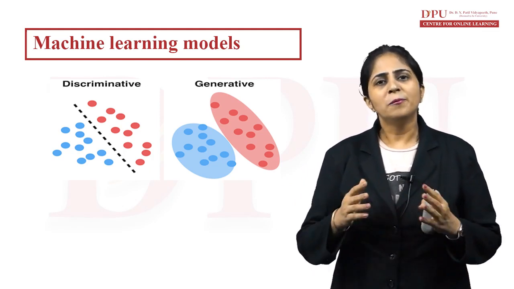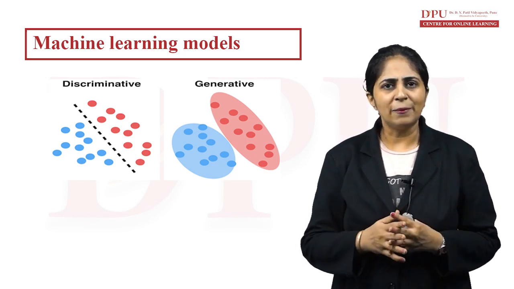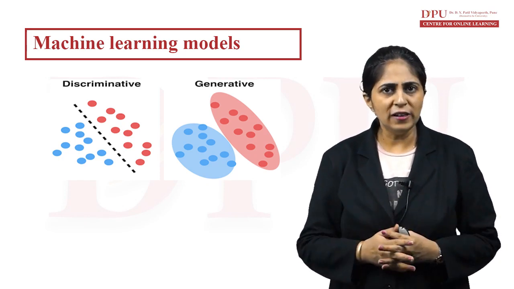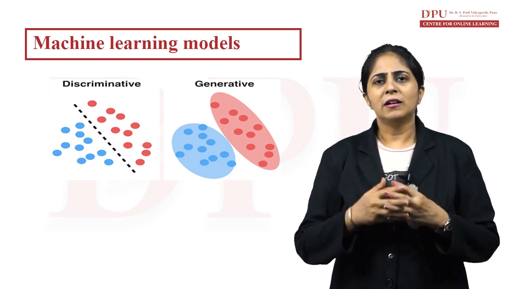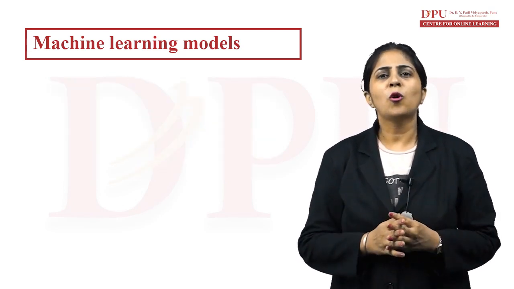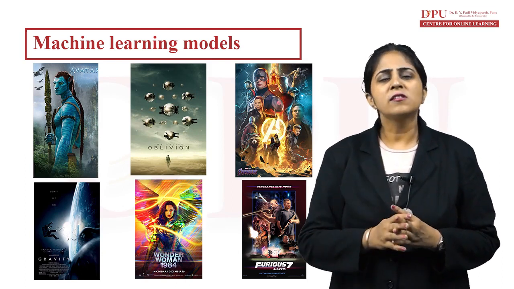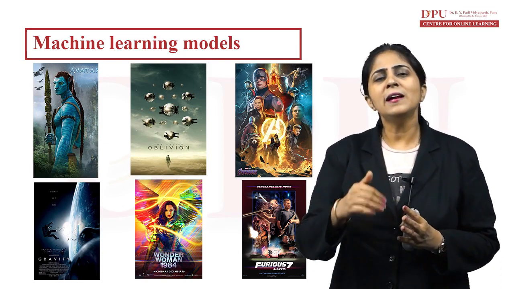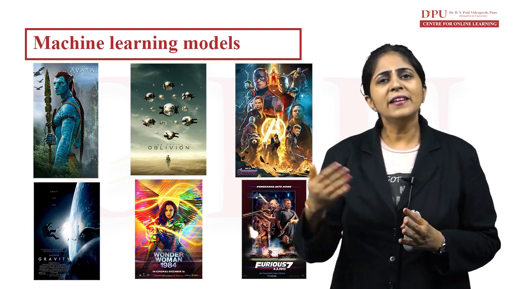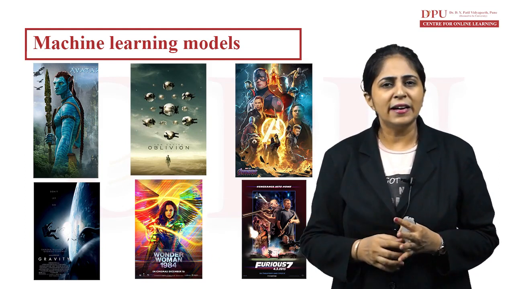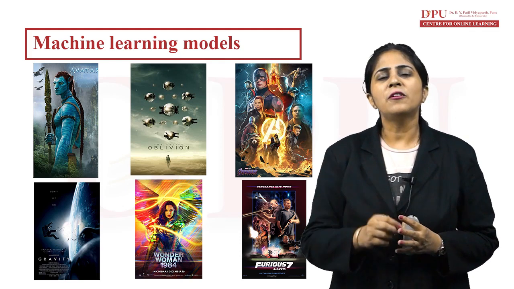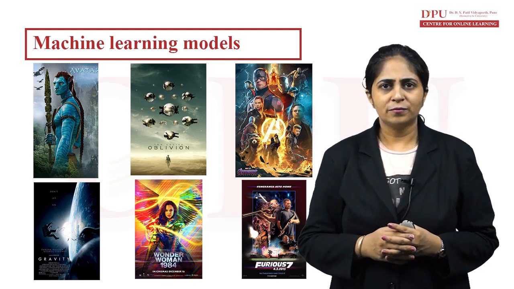Let us say, for an example, we are talking about some movies. If we prefer watching action movies, so we have watched some action movie, then other similar action movies will be recommended to us. That is a function of a generative model.